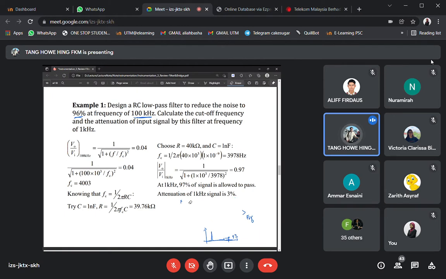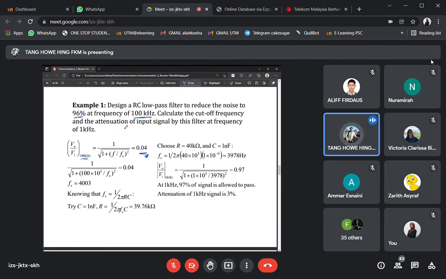So the question wants us to first determine the information that we have obtained: the output over input at 100 kilohertz only has a magnitude of 0.04.